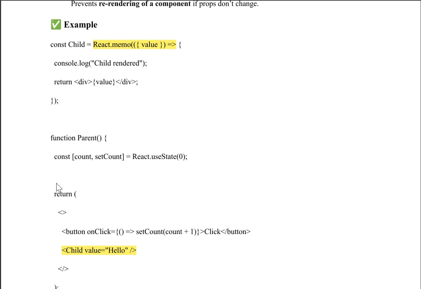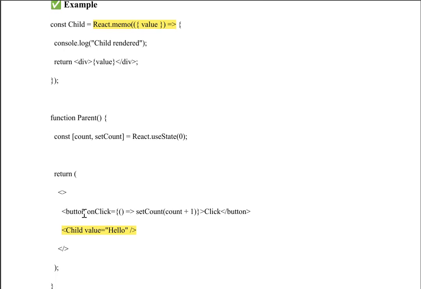Inside the returned HTML part, I have given a button called click, and the child is also included in this parent. On button click, I'm setting count plus 1, so I'm increasing the count by 1. Whenever the user clicks the button, the count will increase by 1.